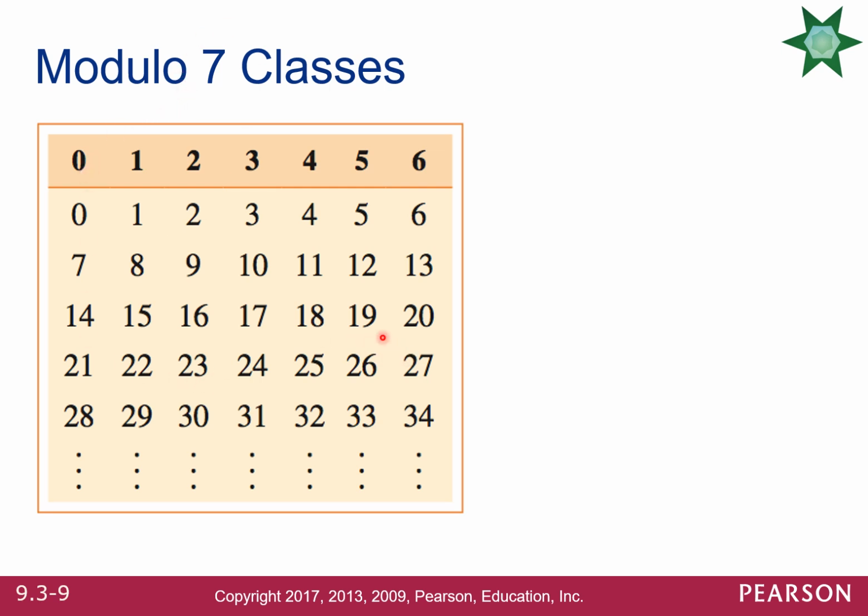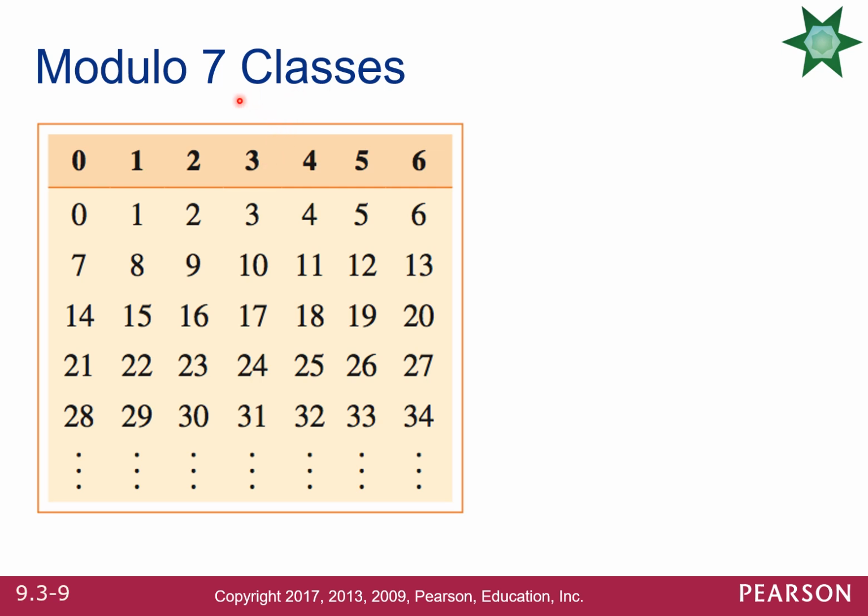All right, so 19 divided by 7 would leave a remainder of 5. Likewise, 12 divided by 7 would also leave a remainder of 5. So that's how this table is supposed to be read. So 3, 10, 17, 24, 31, when divided by 7, all of these would end up with the remainder of 3.